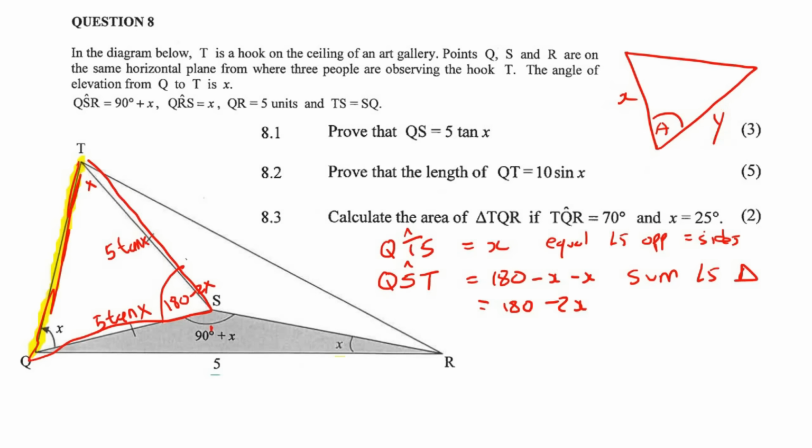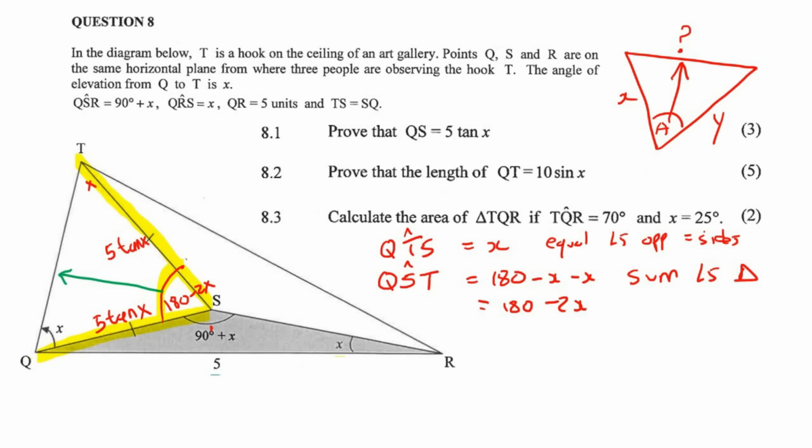Then you can use the cos rule to find the side opposite. So in this triangle, we already know this length, and this length, and we have the angle in between them. So we can use the cos rule to find the opposite side. Let's just draw that a little bit better. And that's what we're looking for, QT.